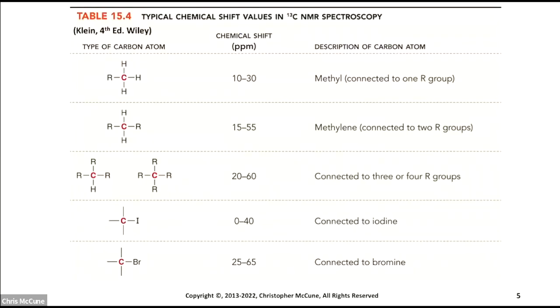Once again, these are just tables that one can look up and find ranges of where you'd see typical chemical shifts. I'm not going to go through all these. These are tables that one could look up or find other tables that are similar.